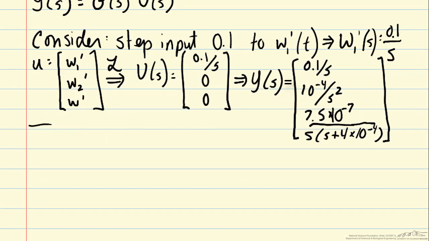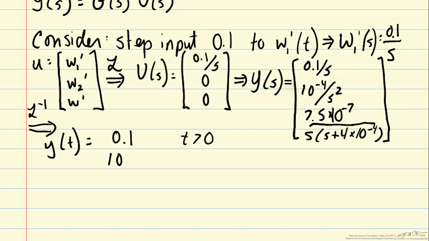Now that we've solved for Y(s), we can take the inverse Laplace transform to solve for y(t). So the inverse Laplace transform of that step is just 0.1, the constant for t greater than 0. The second term, 10 to the minus 4 times t, is the inverse Laplace transform of 1 over s squared.